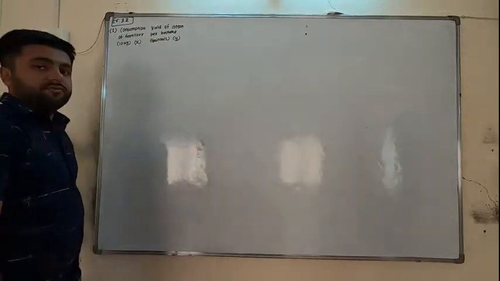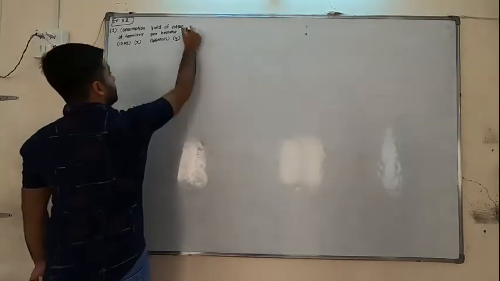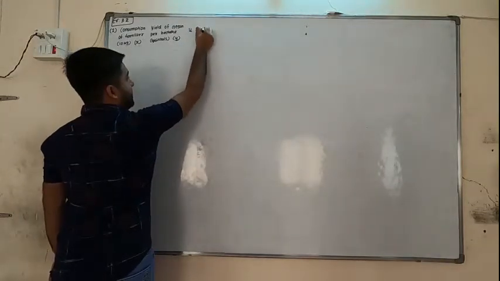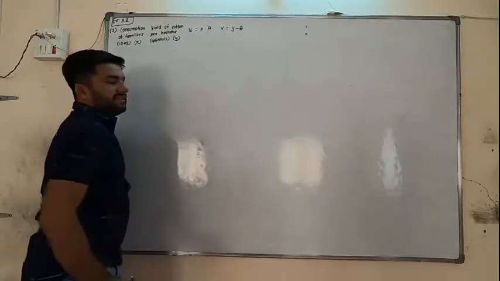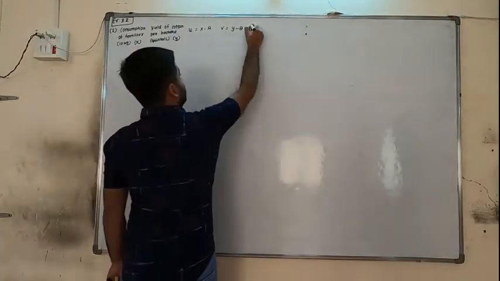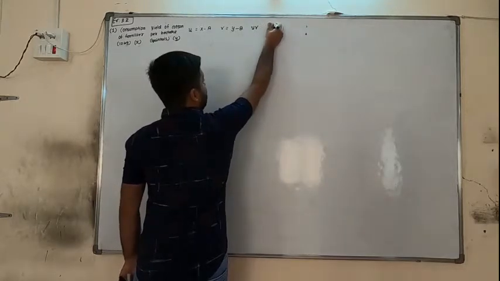Now as we want to use UV method only, so u is equals to x minus a, v is equals to y minus b. We will decide what a and b will be there, then uv and then only u square.